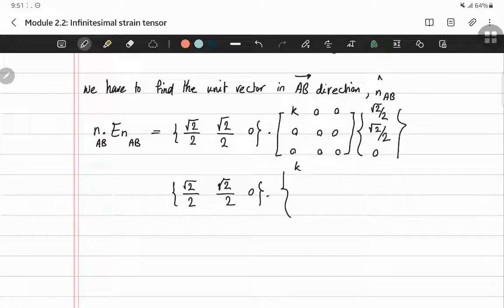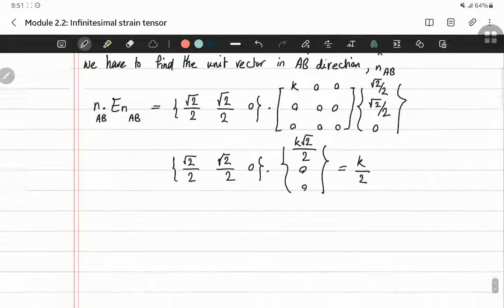So we get k square root of 2 divided by 2, and the rest are 0. So finally we get k divided by 2.